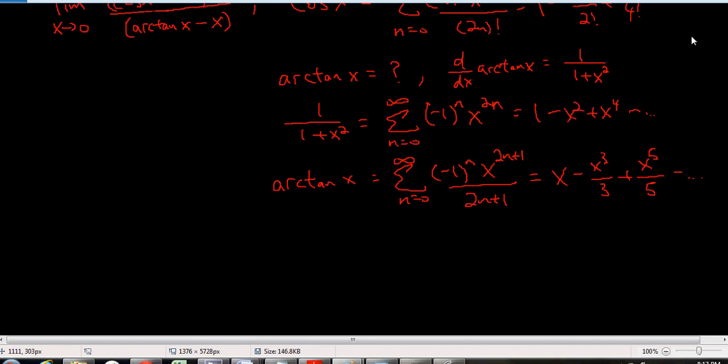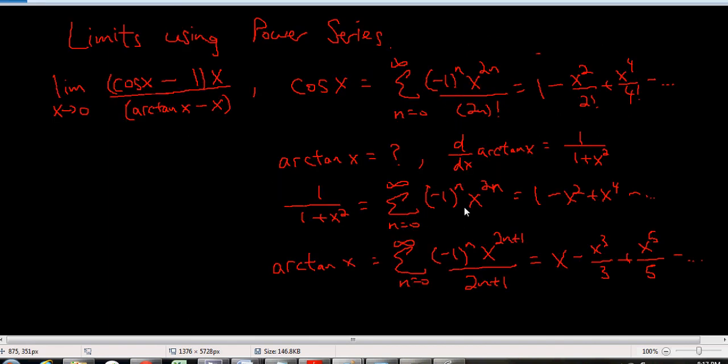Anyway, we've got a power series, or as well the Maclaurin series, the same thing in this case, of arctan of x. We've got one for cos x, and one for arctan of x. The rest of them are just simple little bits that you wouldn't really want to make power series out of.